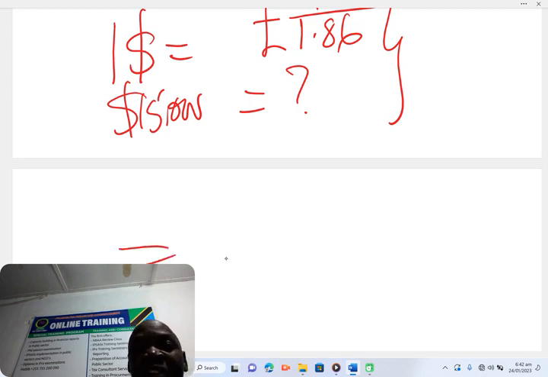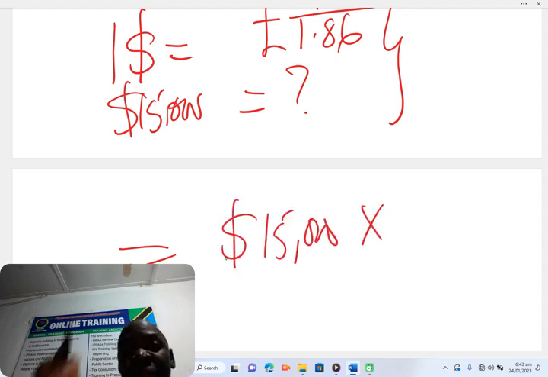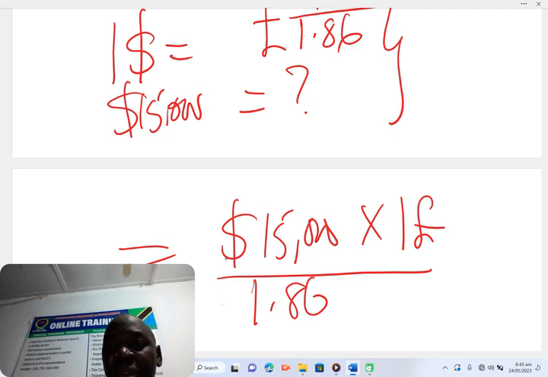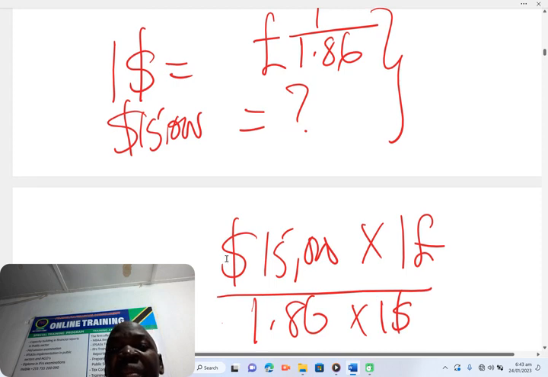We have $15 times 1 pound divided by 1.86, times $1. Is it clear? How much is this transaction so far?